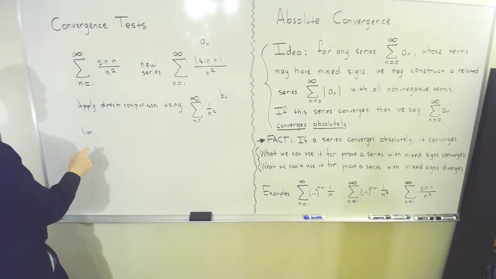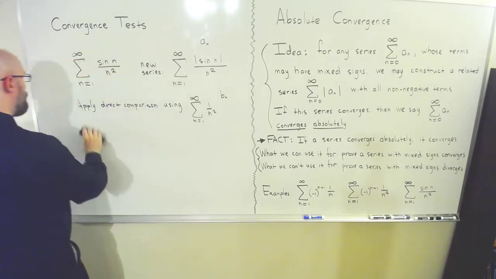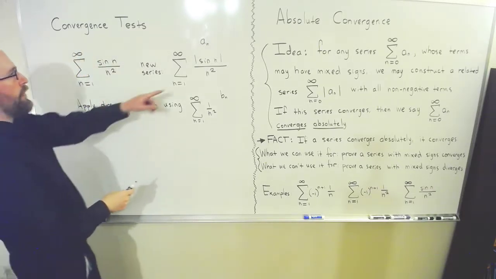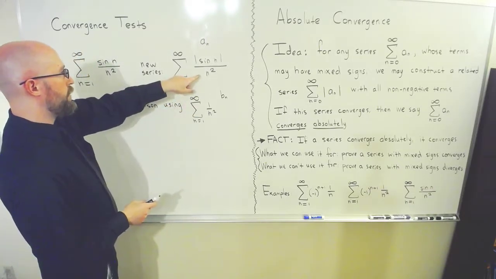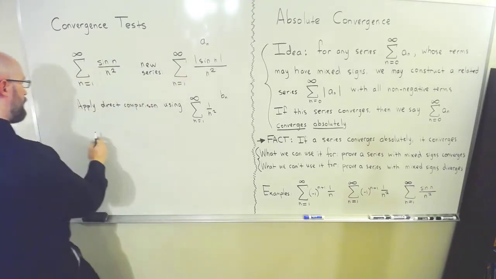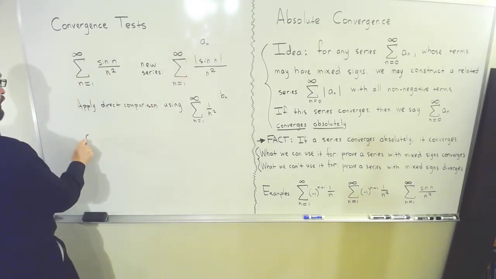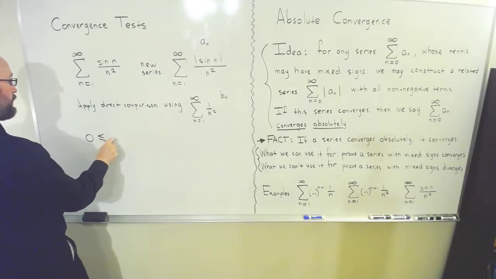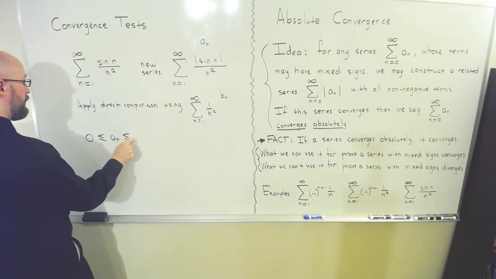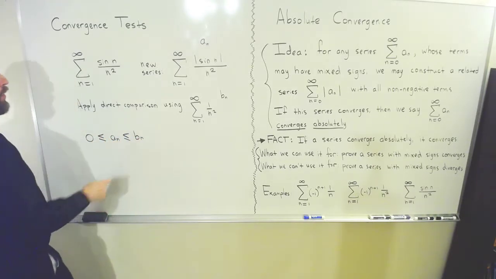I don't need a limit here, I'm not doing limit comparison. My a_n's, what do I have? Well, I do have that 0 is less than or equal to a_n is less than or equal to b_n. Why?